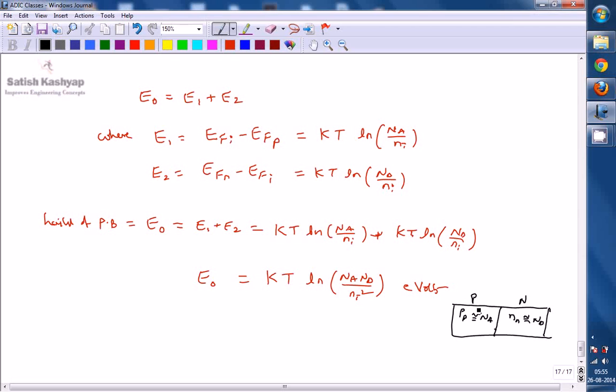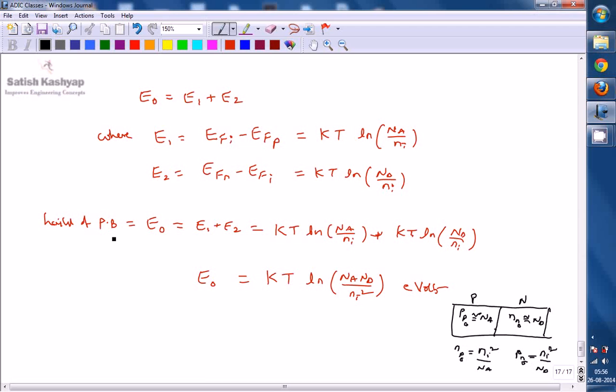Minority carriers in P type are electrons, Np, which can be calculated using the mass action law, Ni square by Na. And minority carriers in N type are Pn, which can again be calculated from the mass action law, Ni square by Nd. Since we are considering open circuit, we append a suffix naught, which implies under open circuit.